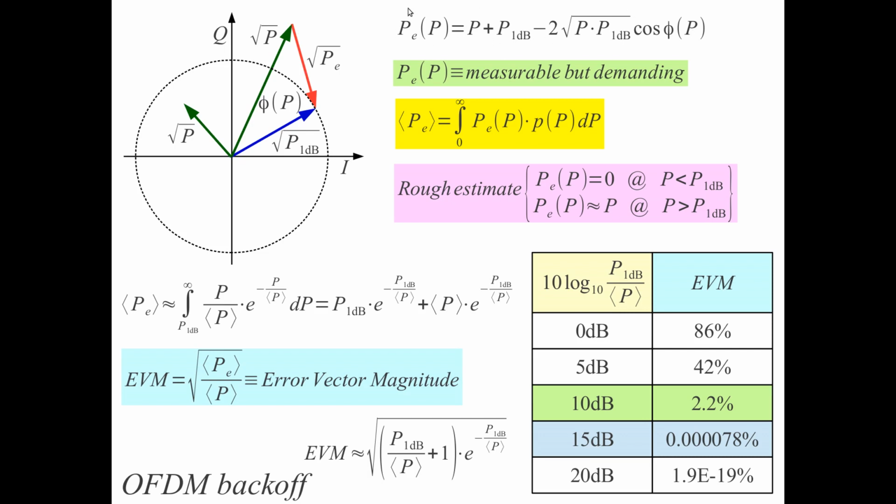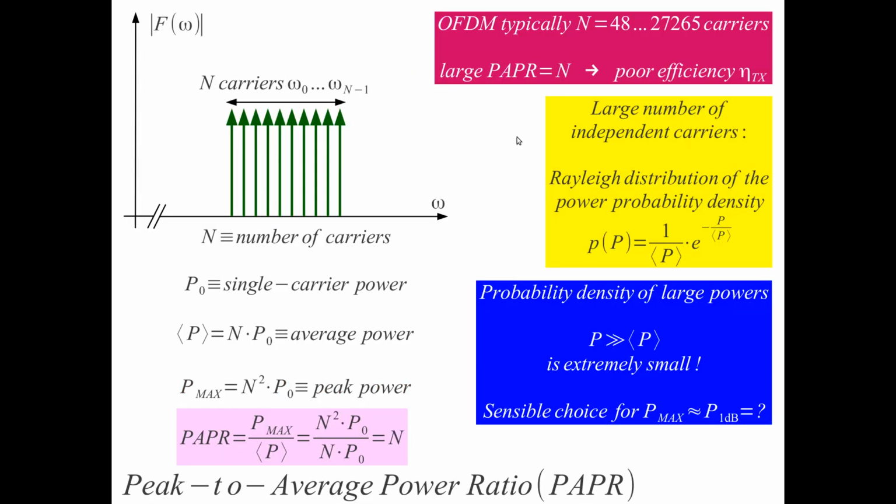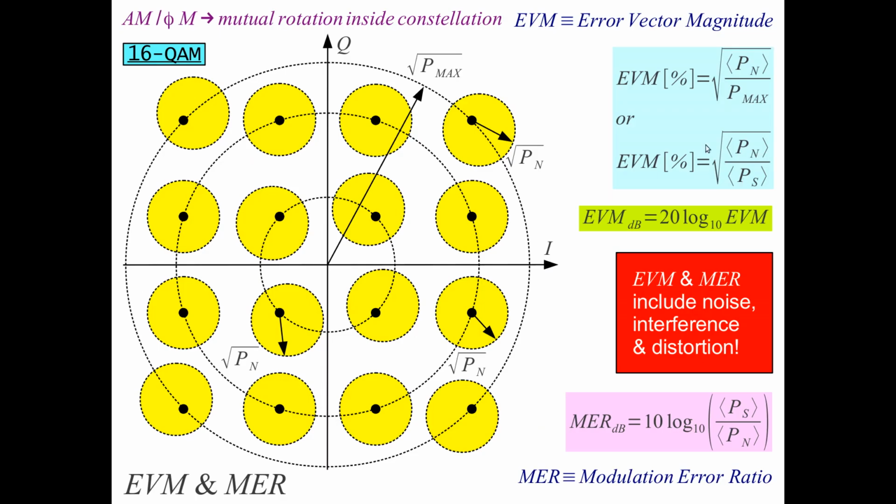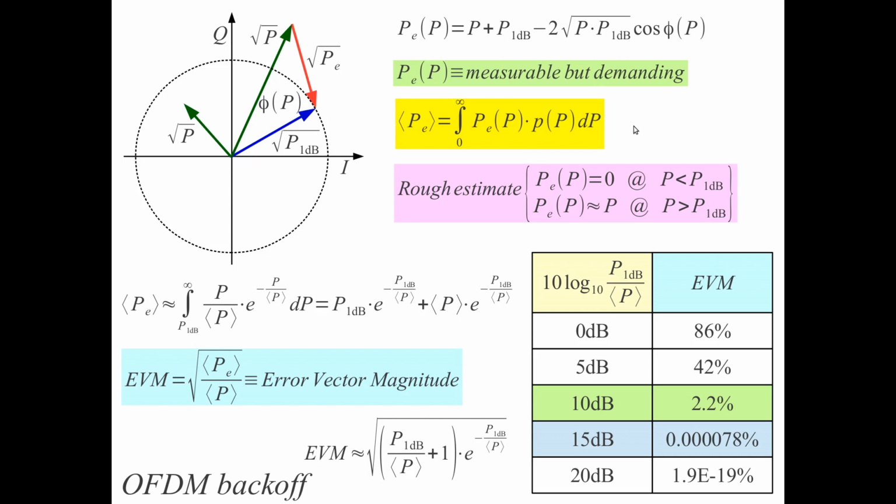To get the average, we can now compute the error vector magnitude, knowing the average error power, because the average error power will define the radius of these noise circles. Noise, here, also includes distortion, and distortion is the problem we face here.